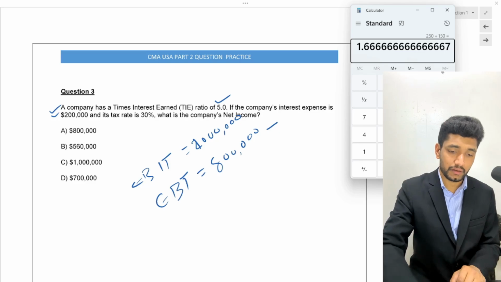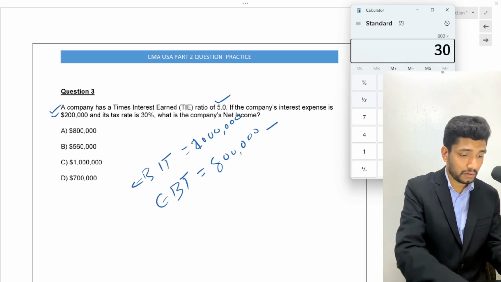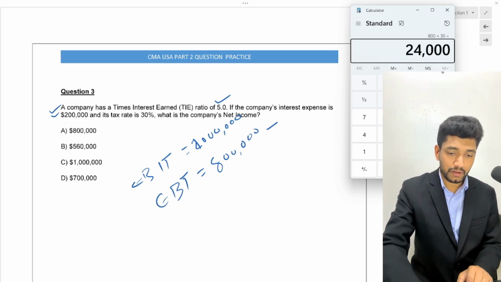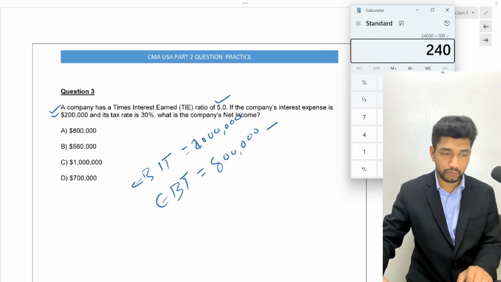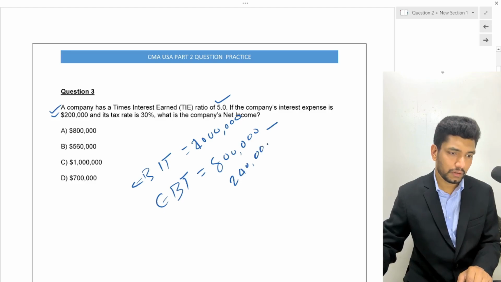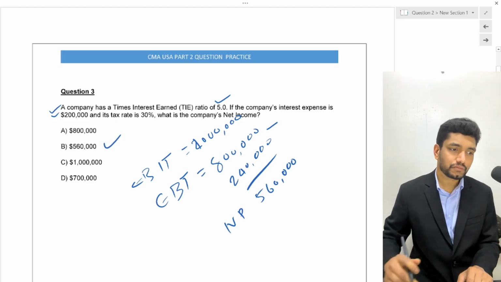Let me open my calculator. 800,000 times 30%, that means divided by 100, that is 240,000. 800,000 minus 240,000 is 560,000, which is your net profit. The same answer is there in the options, 560,000.